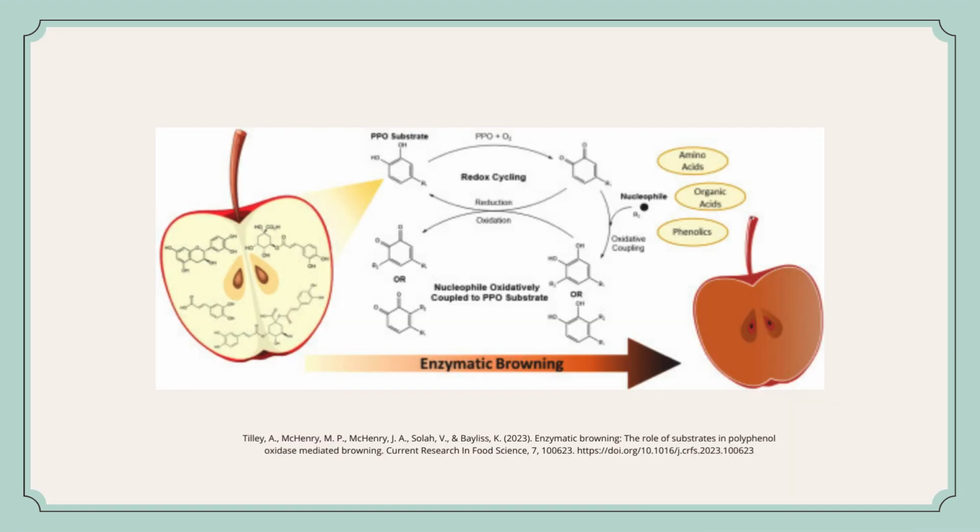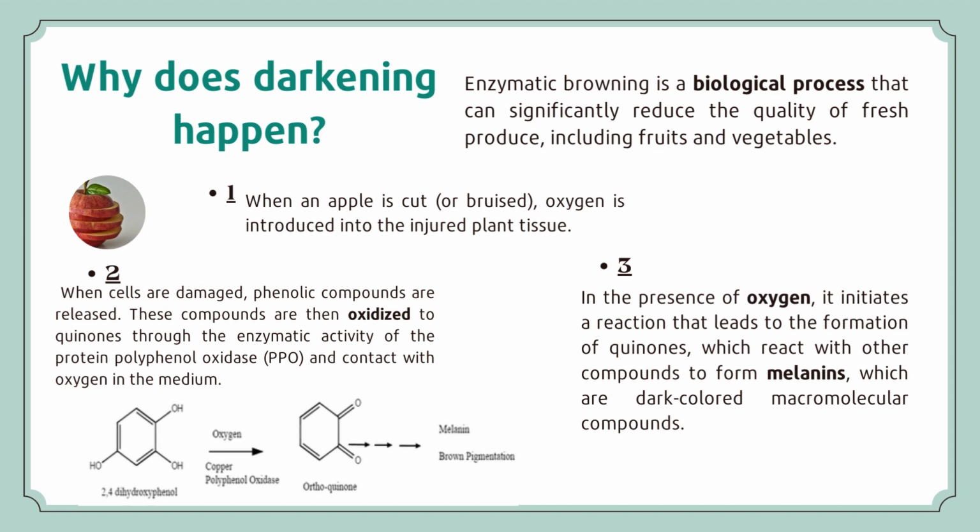And now that we have already seen the components involved in the browning, we can tell you exactly why this happens. When you cut an apple, you are damaging its cells, and now that they are exposed, they have contact with air, which contains oxygen. We remember that to make an oxidation, we need oxygen, right?